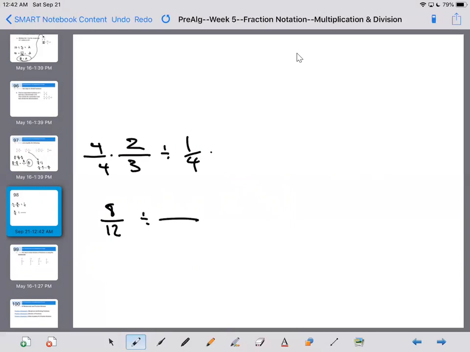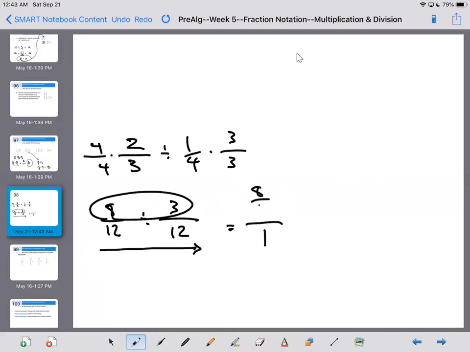What am I going to multiply as my n divided by n to get 12? And it's going to be 3 divided by 3. So 1 times 3 is 3, 4 times 3 is 12. So now you can look at the denominators. What's 12 divided by 12? 1. What's 8 divided by 3?